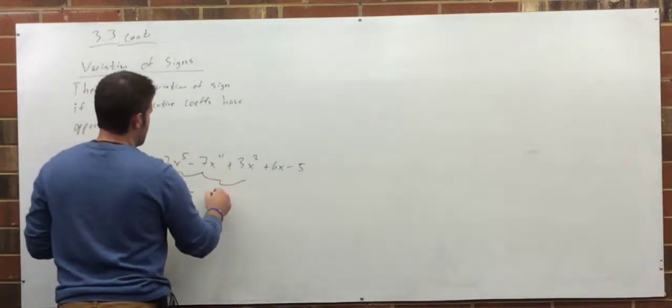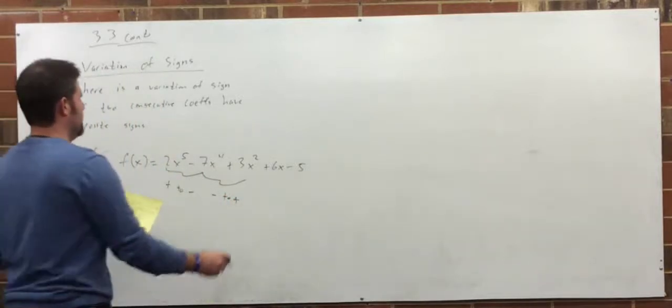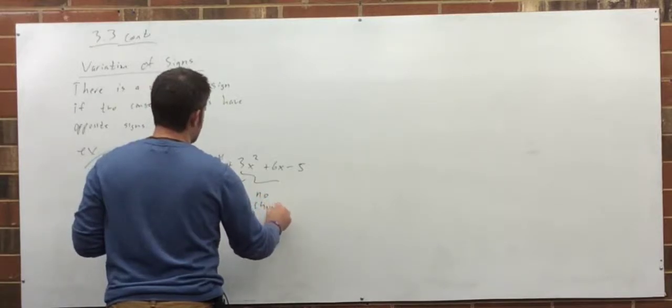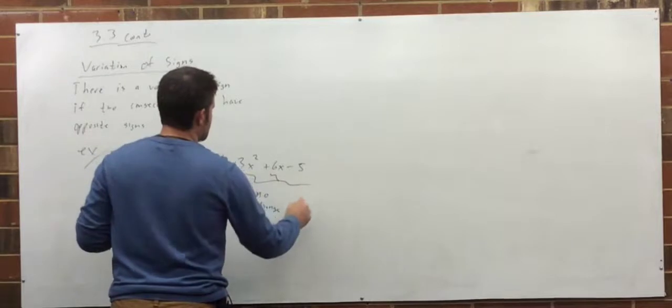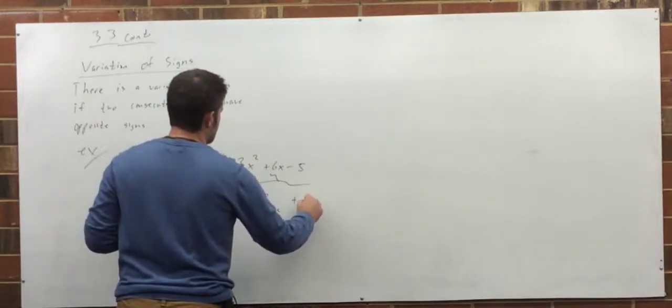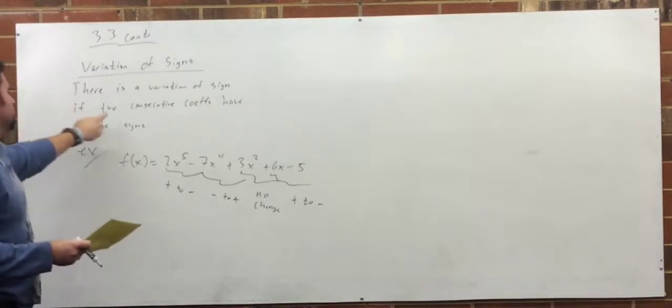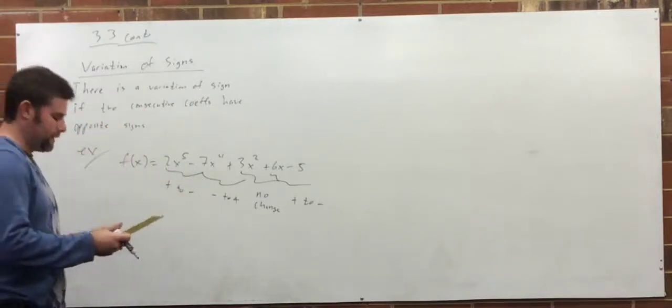From here to here, we go from negative to positive. From here to here, there's no change, right? We're going from a positive 3 to a positive 6. And then from the positive 6 to a negative 5, obviously we're going positive to negative. So that's really all the definition is saying. Two consecutive coefficients have opposite signs.